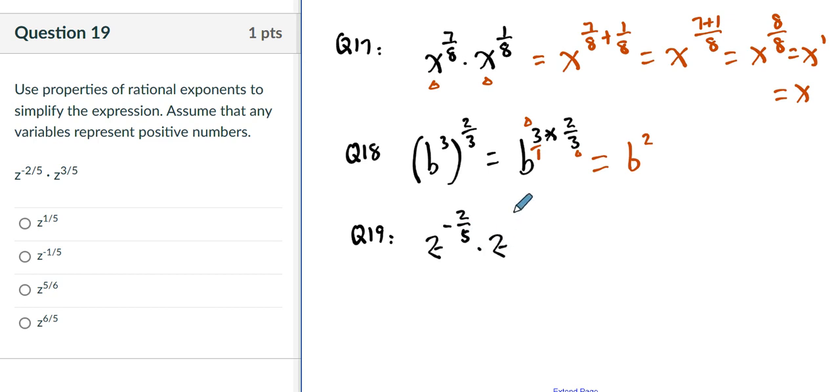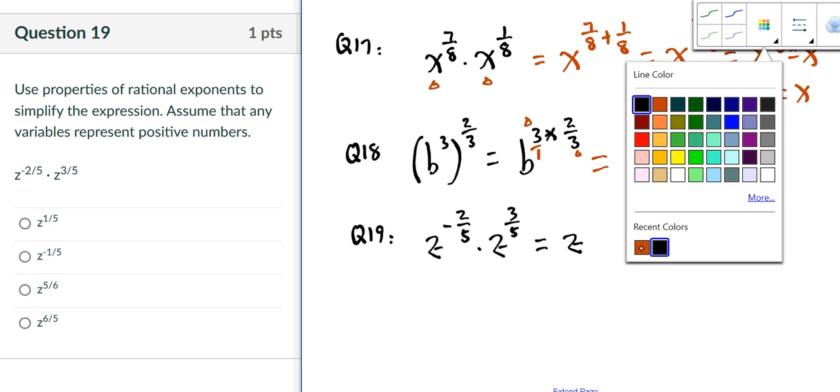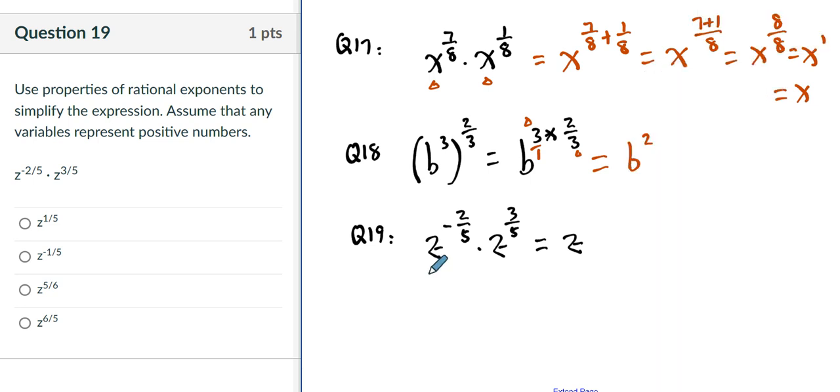Another is positive 3/5. When you see the bases are the same, they are both z's over there, you simply add the exponents.